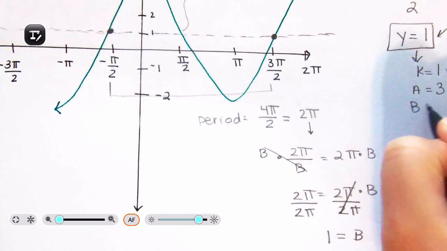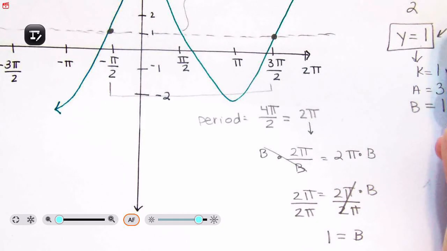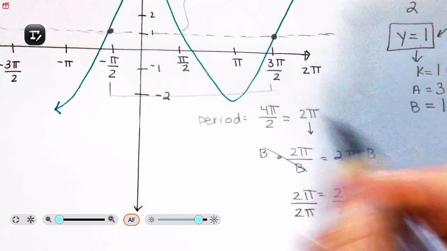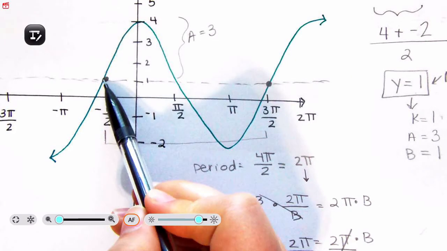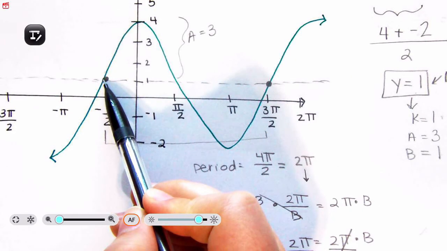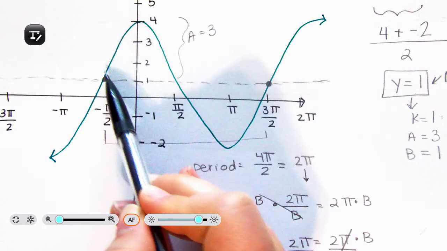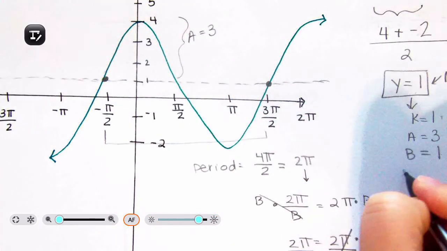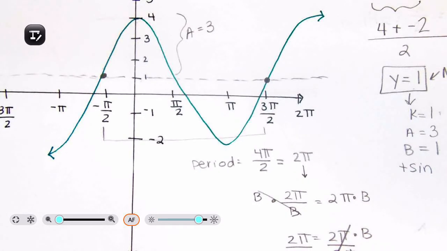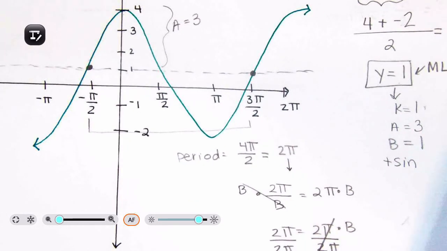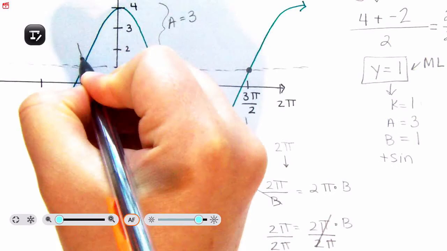I'll write that down. So I have my k, my a, my b. We decided that we're going to work with a positive sine because that's where I determined my starting point. My starting point and ending point gives me a positive sine function. So I'm going to write positive sine. And then the last thing is your phase shift or your horizontal shift. So here's my starting point.